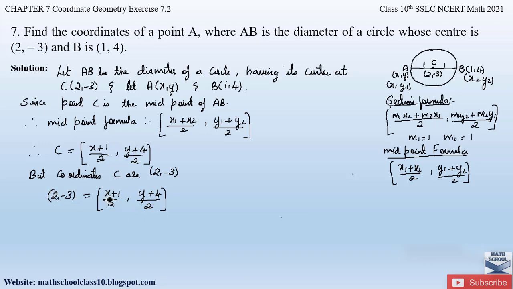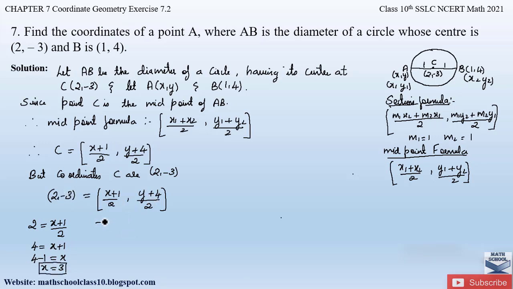Now let us equate the x coordinate part with the x coordinate and the y coordinate part with the y coordinate. Equating the x coordinate part, 2 equals (x plus 1) divided by 2. Cross multiplying, 2 into 2 is 4, equal to x plus 1. Sending this 1 to the left hand side, we get 4 minus 1 is equal to x, so the x value is 3.